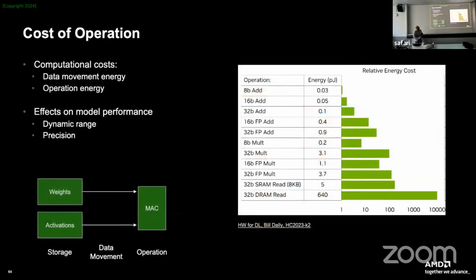One part of it is the cost of operation, data movement, and doing the computation. On the right side, I'm trying to capture the differences between the amount of energy and the number of bits you use to encode your information: 8, 16, 32. It doesn't have all of the variation of the data formats, but you can easily see a pattern that the larger the number of bits, the more it costs to move the data.